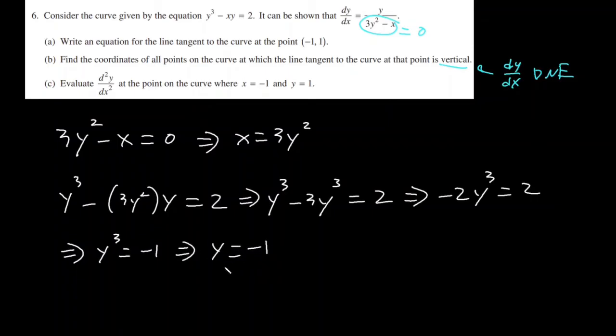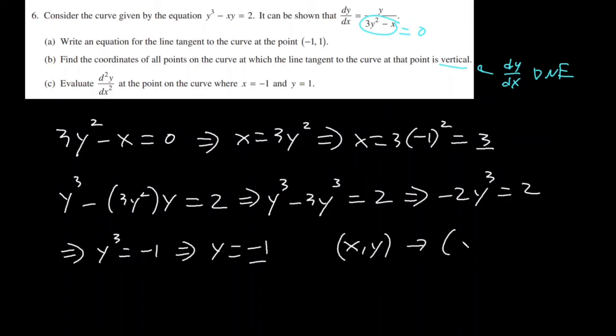Okay? So now how do I figure out the x component of this? Well, I can take this and plug it back into this expression we had earlier, right? So x equals 3 times -1 squared. And well, -1 squared is just 1, so this is just equal to 3. So the point is 3 comma -1, right? x comma y.